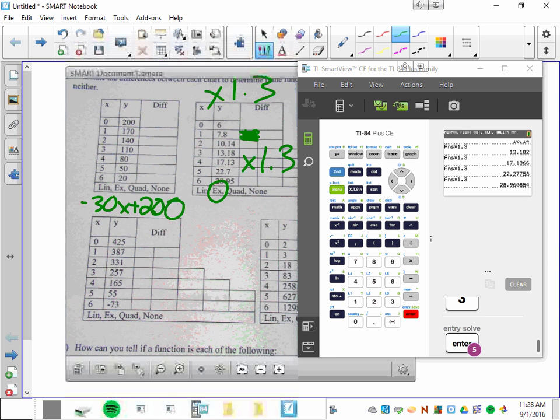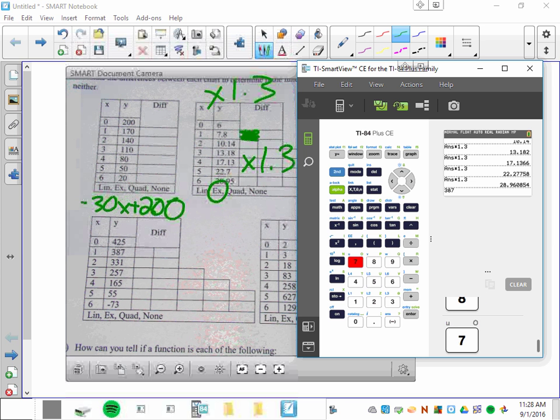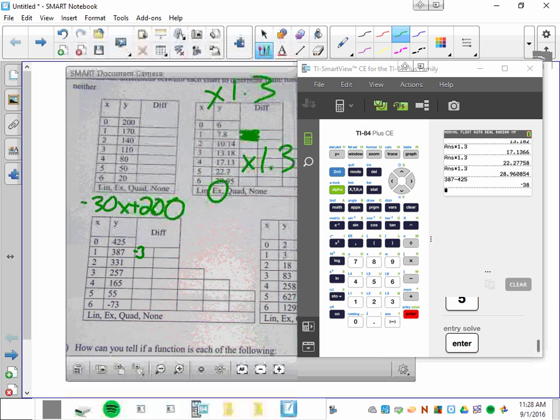All right. Fourth box. Let's do the subtractions here. So 387 subtracted from 425, and I end up with negative 38. That is my first difference.